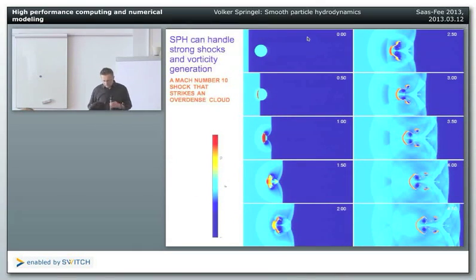So now I want to show you that traditionally the critique of SPH was often formulated like, oh, SPH cannot do shocks. I think this is really far from the truth. SPH can do shocks really well.